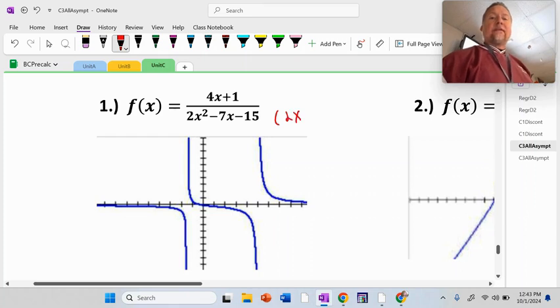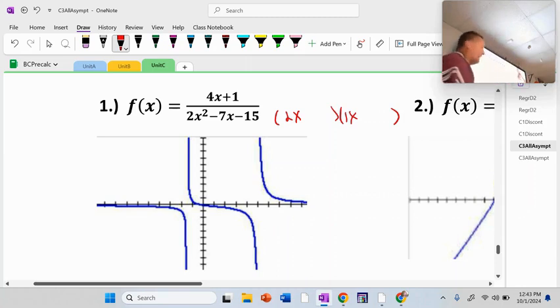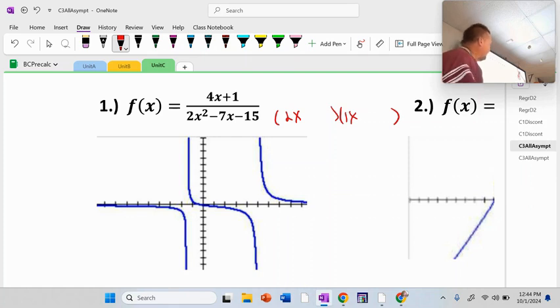2x and 1x, and I'll go through my thought process that I had with the other class. Kind of suspicious that I think it's 3 and 5, not 1 and 15, because my middle number is kind of in the smaller range, negative 7. So 3 and 5. I know 10 and 3 differ by 7.